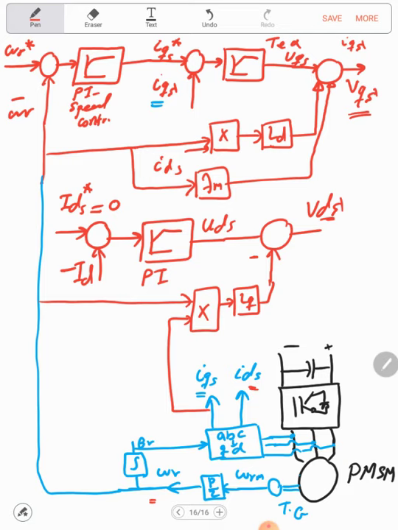Now we have VQS and VDS. So we'll use those.